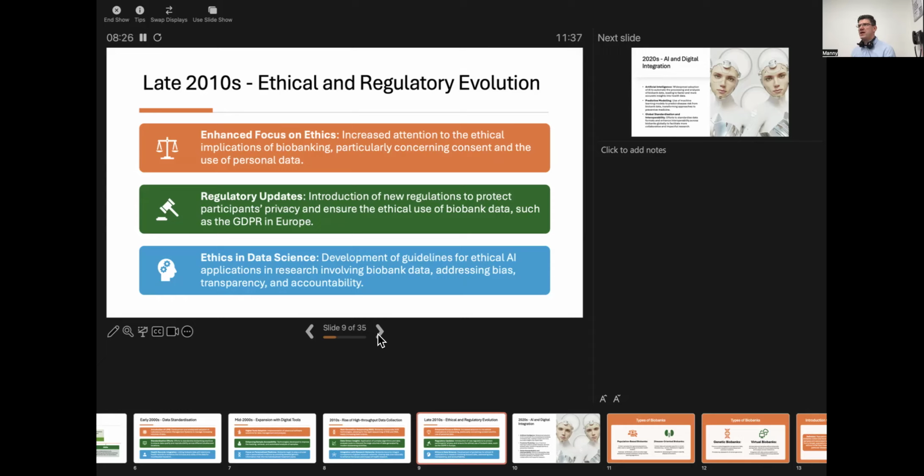So if the vast majority of the data comes from white, wealthy, Northern European ancestry individuals, the models that come from those data resources are going to work really well for these kind of populations. And the more different you are from those populations, the less precise, the less well the different models are going to operate.